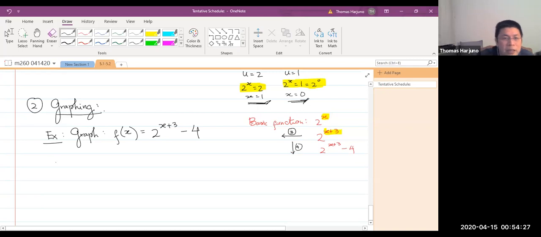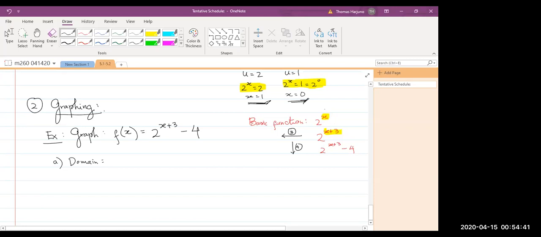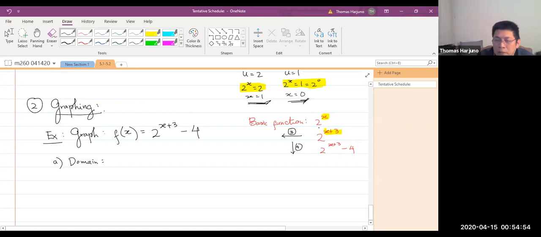Now, with that said, what's the domain? What is the domain of the original function 2 to the x? Negative 3 to infinity?